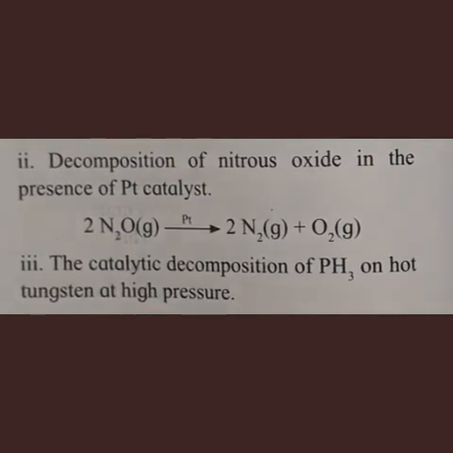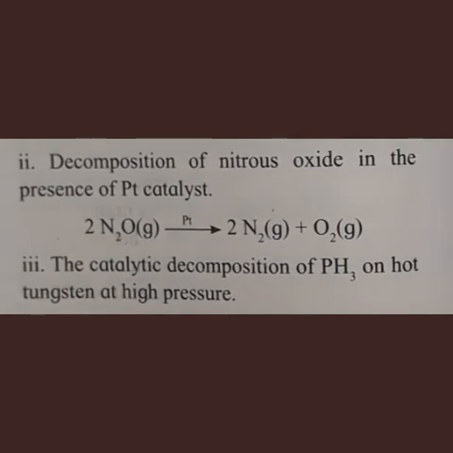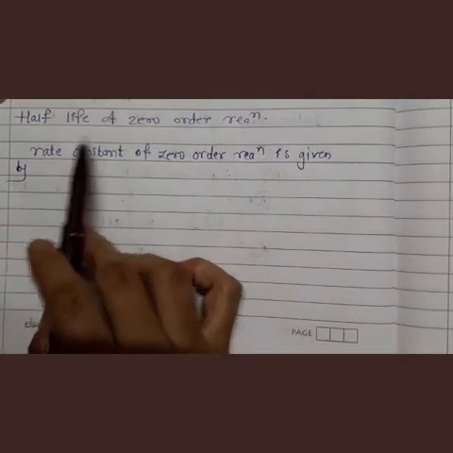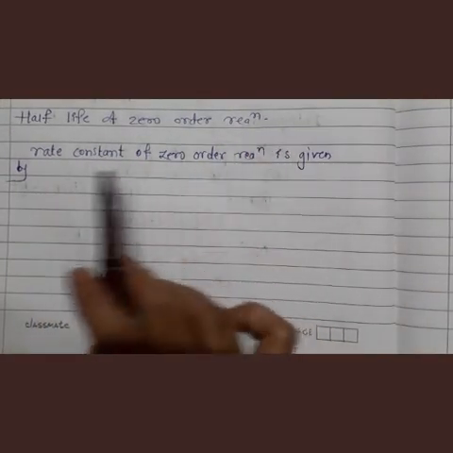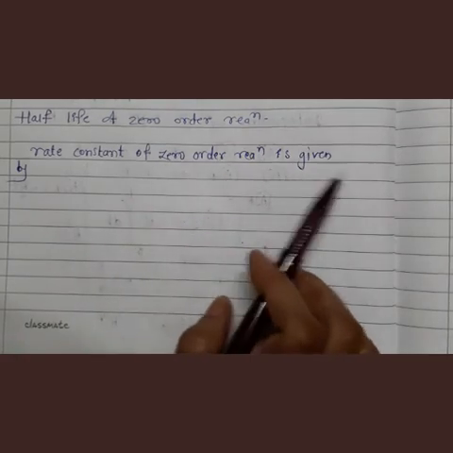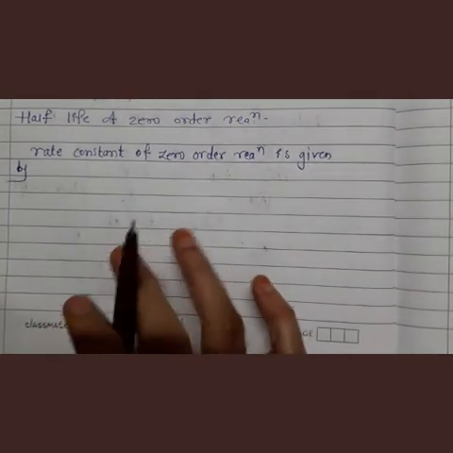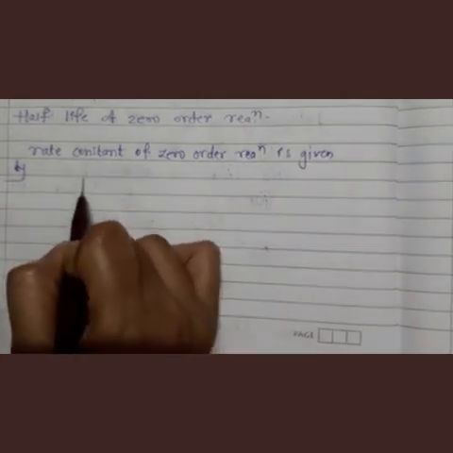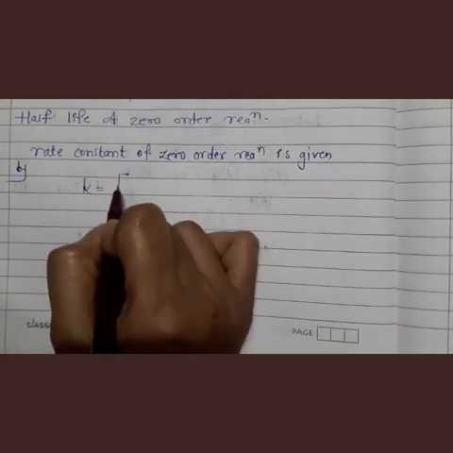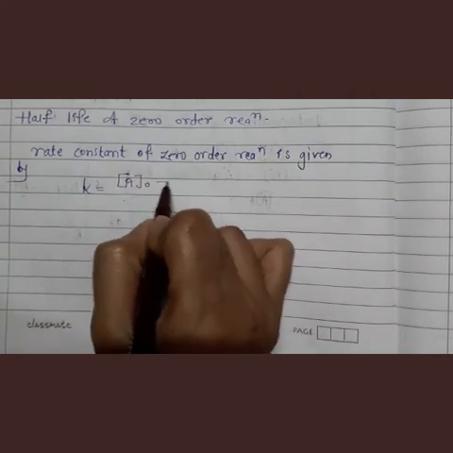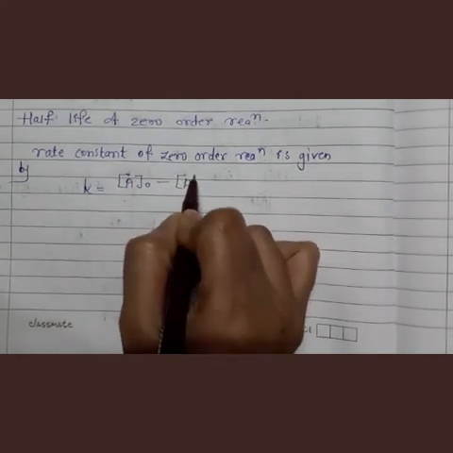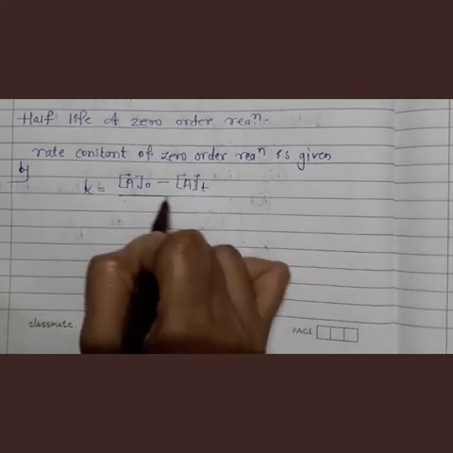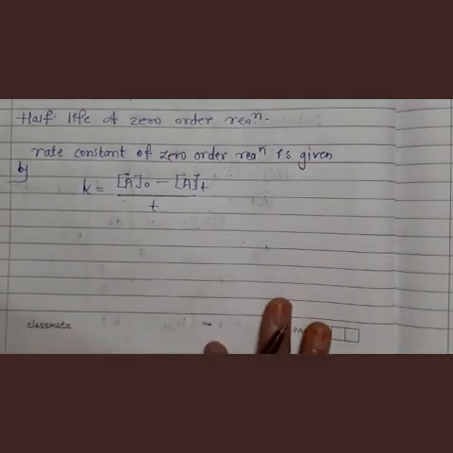Now let us see half life of zero order reaction. The rate constant of zero order reaction is given by the integrated rate equation we just have seen, which was K is equal to A0 minus AT divided by T. By using this equation we will find the half life of zero order reaction.